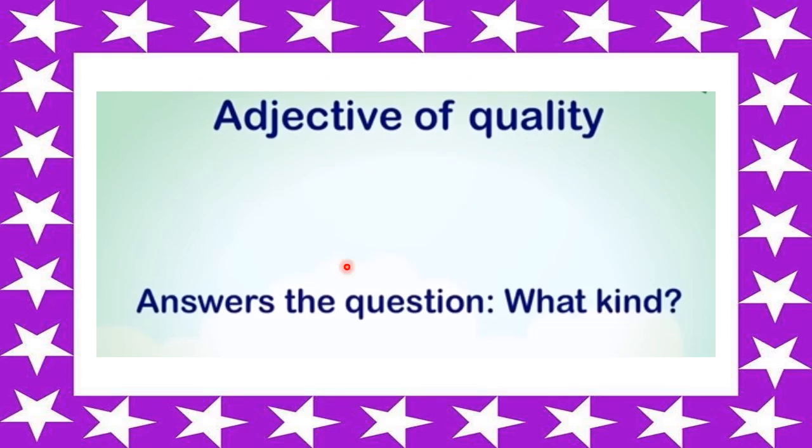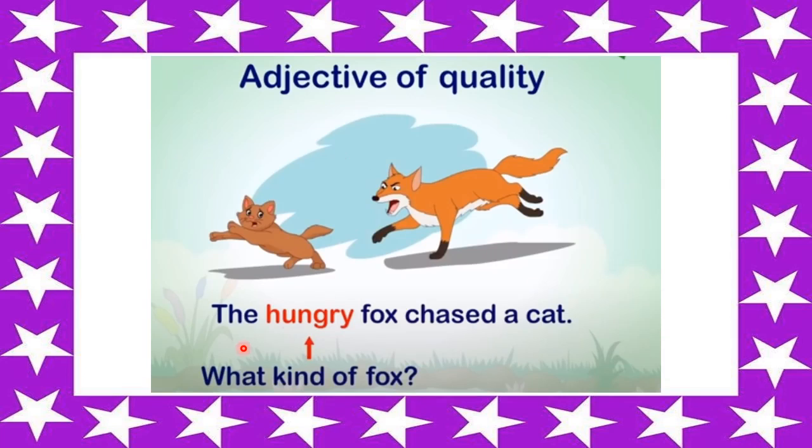An adjective of quality answers the question what kind. For example, the hungry fox chased a cat. So what kind of fox? The hungry fox. As we can see here, it answers the question what kind.